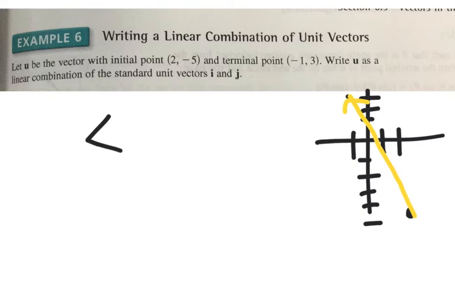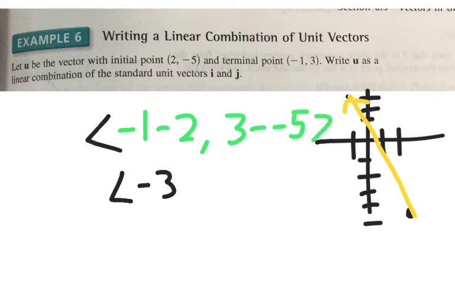I graphed mine like that too. Yes, final minus initial. Sorry, was I not saying that? No, I'm an idiot. Do your final minus your initial, and then your final minus your initial. And so that's going to give me -3.